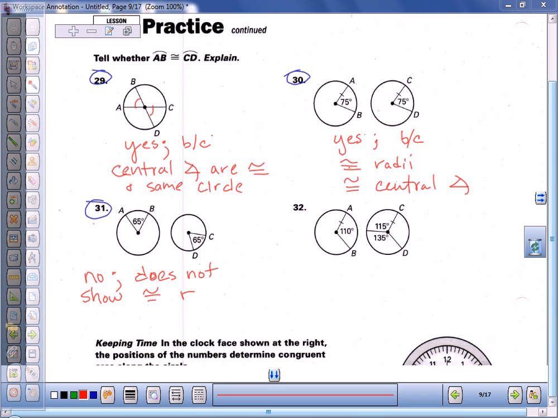And then 31 is no. Though it does show the same central angle, it does not show congruent radii, so we cannot say that they are congruent arcs. Any questions? All right.